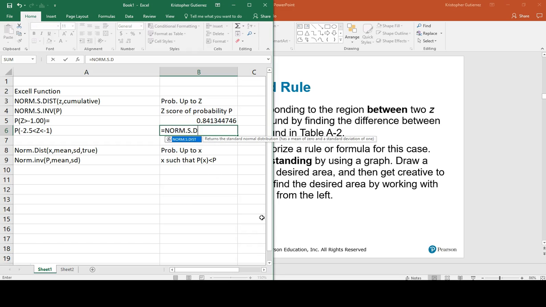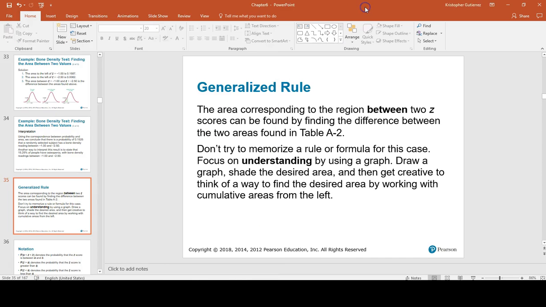NORM.S.DIST of negative 1, comma, true, minus NORM.S.DIST of negative 2.5, comma, true. 0.15244.